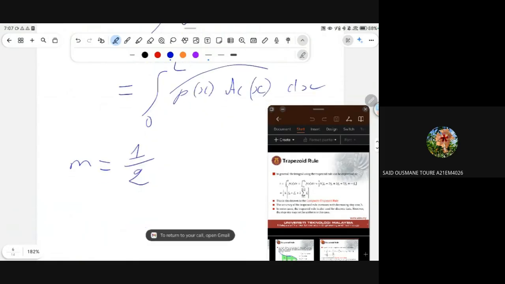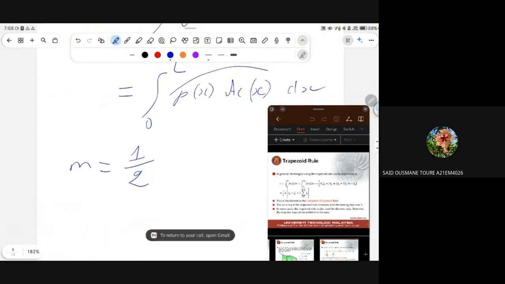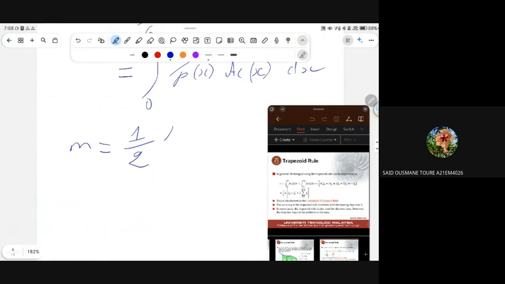Okay, perfect. So now we have I equals 1 over 2 h, where this h is the iteration step. We'll get into it soon.